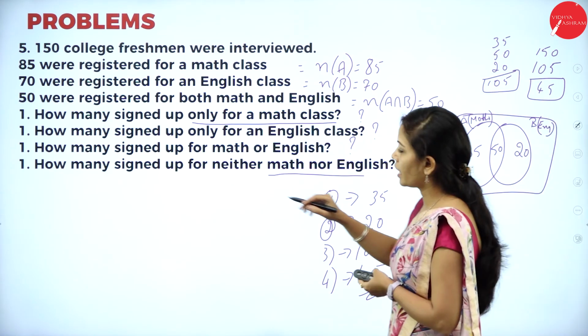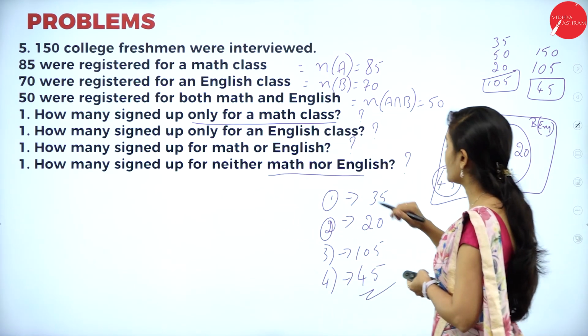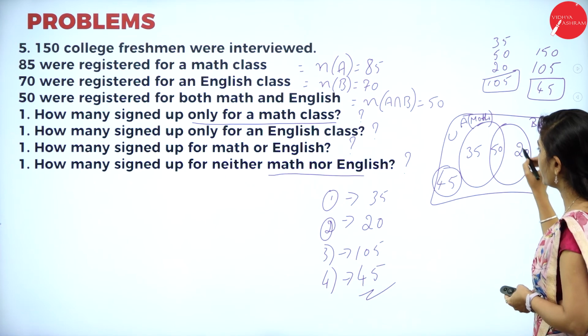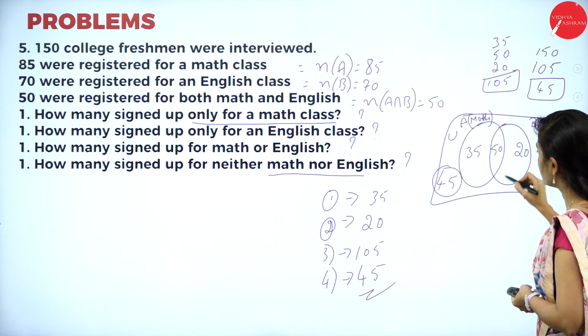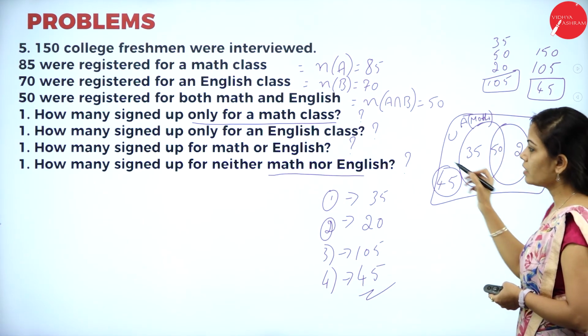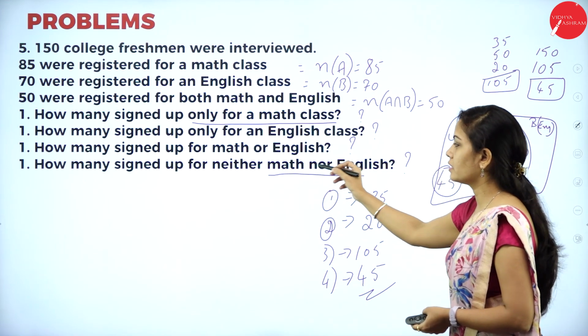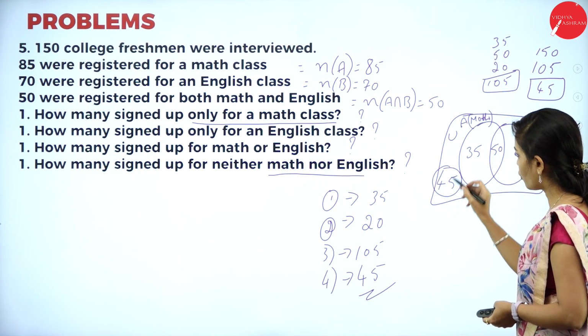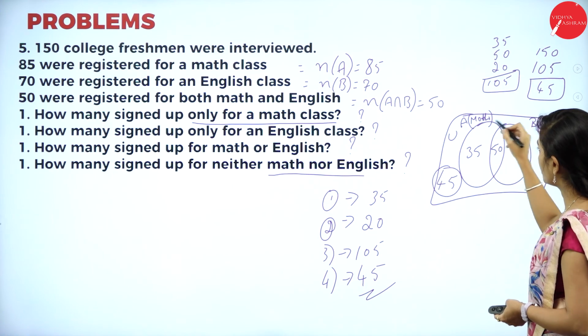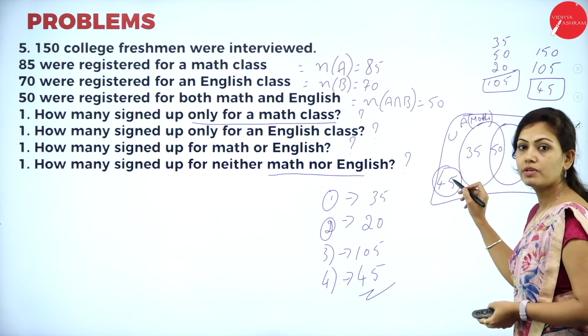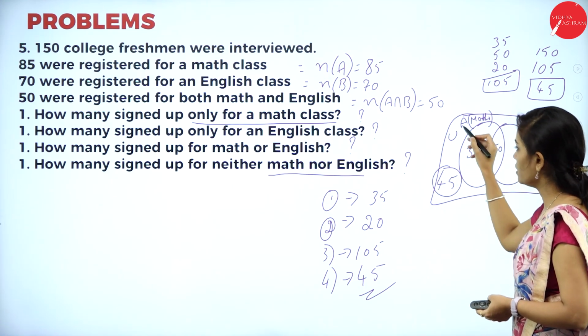And how many signed up for math or English? So total 105. You have to shade this entire region. And last question, how many signed up for neither math nor English? That is 45. So except this circle, you shade the universal set region, that is the 45 region.